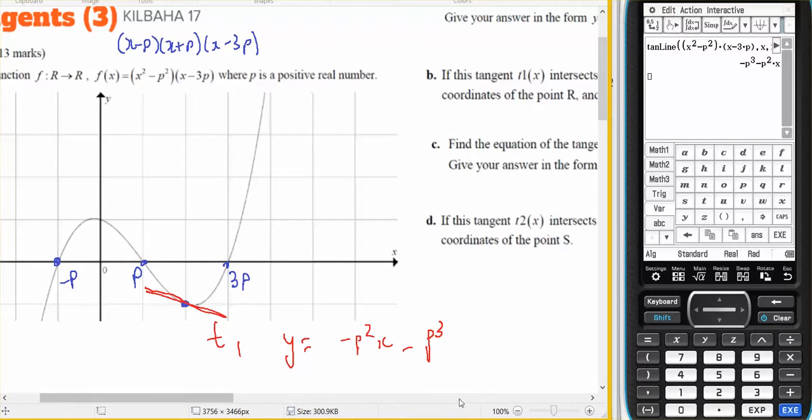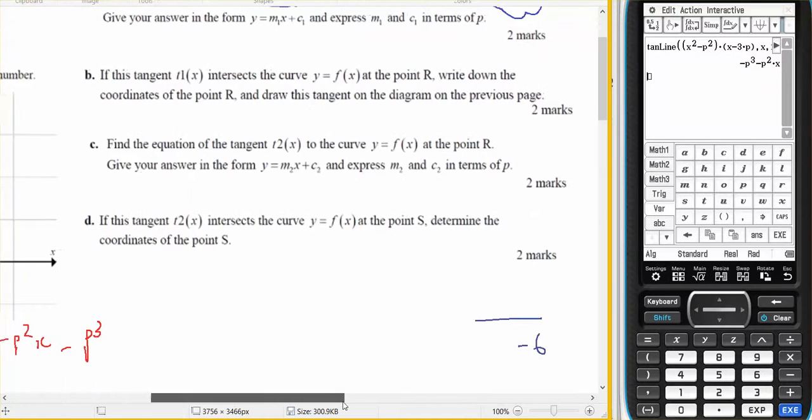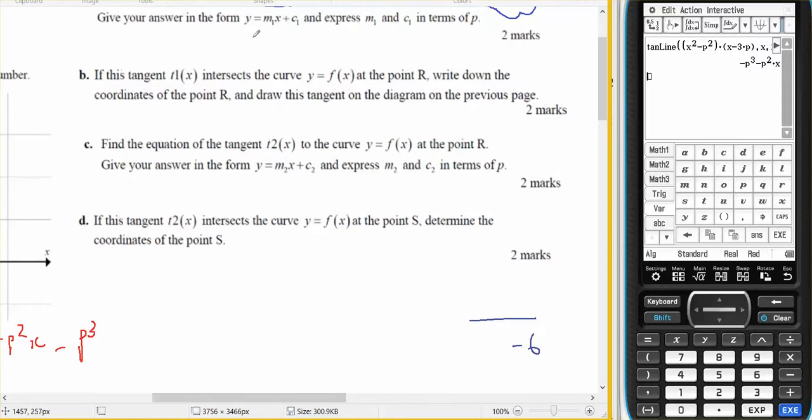Okay, so what do I know? So y equals minus p squared x minus p cubed. If this tangent t1 intersects the curve at the point R, write down the coordinates of R, draw this tangent on the diagram on the previous page.